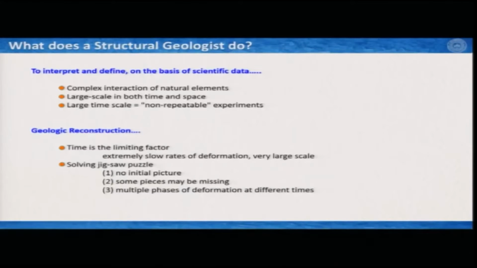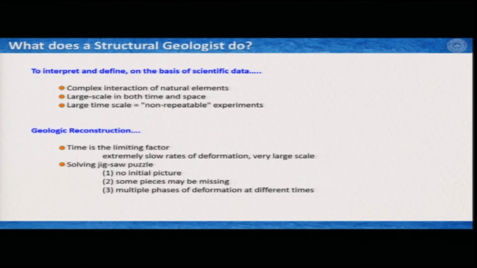And then you do not have any initial picture of how it looked before. You do not have the entire picture as well, because some pieces are missing. You cannot access all the areas, and even if you can access them, maybe there is no exposure.